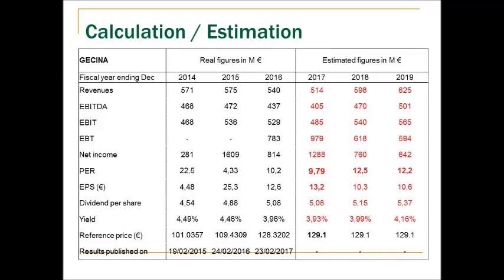In this table, we have an example of how the PER is calculated for a French company, Gecina. On the left-hand side, you have three columns, which are the past years, with figures which are sure because these are published. They come from the published results of the company. On the right-hand side, you have three columns which are estimates.